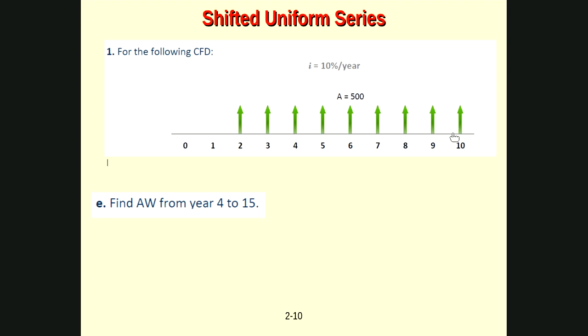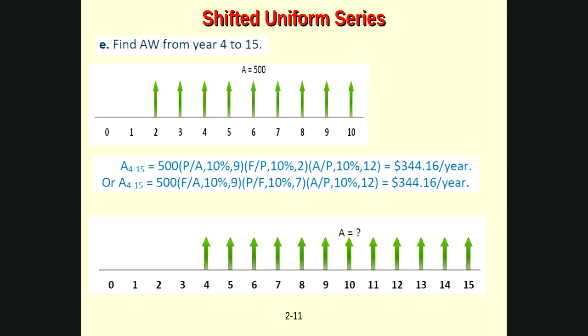So either you go with the future given annual or the present given annual. The slide shows you both ways. In the first solution, he converted all to the present, and in the second solution, all of them are converted to the future.